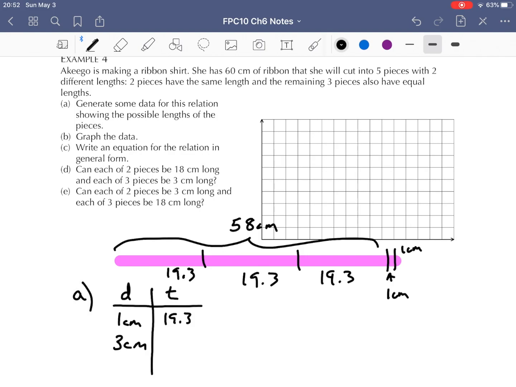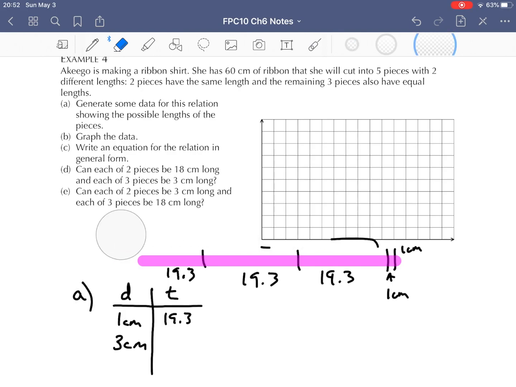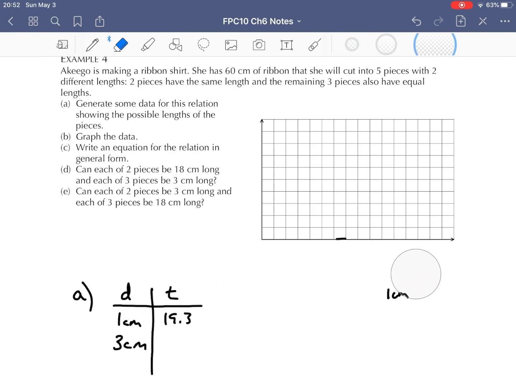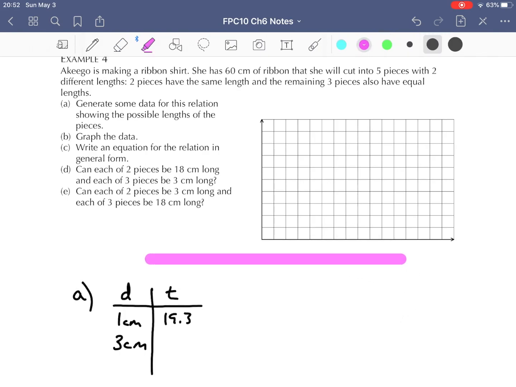Okay, it's not great numbers. Let's see if we can find some easy numbers to work with. I'm going to guess 3 centimeters will give us some easier numbers. All right, so I'm going to erase this out. So I've got myself my 60 centimeter ribbon. I've got a 3 centimeter piece and a 3 centimeter piece.